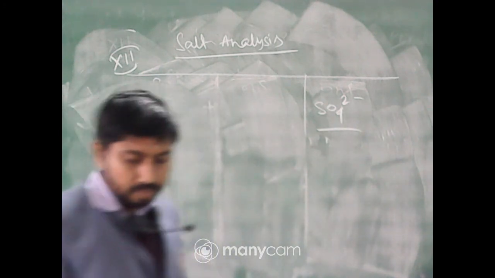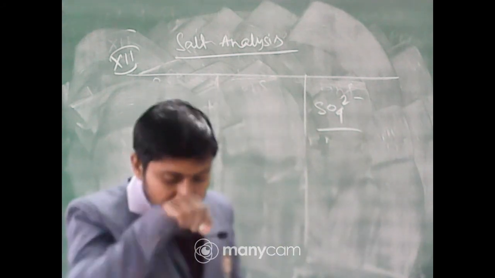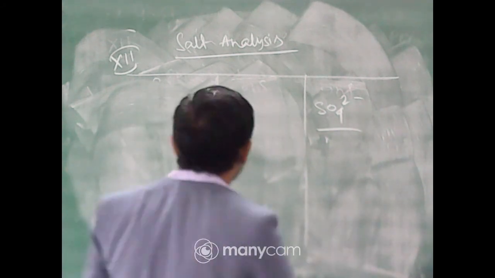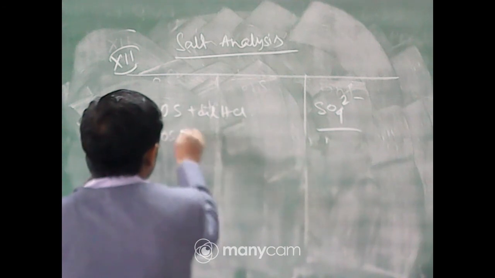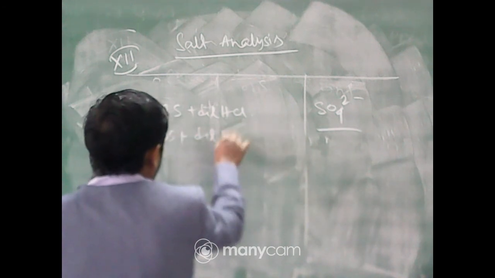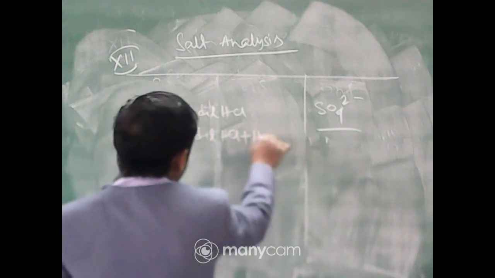Next we have to test for the cation. For the cation, we proceed through the systematic group analysis. I am writing it here on the board. Taking the original solution plus dilute HCl plus H2S.